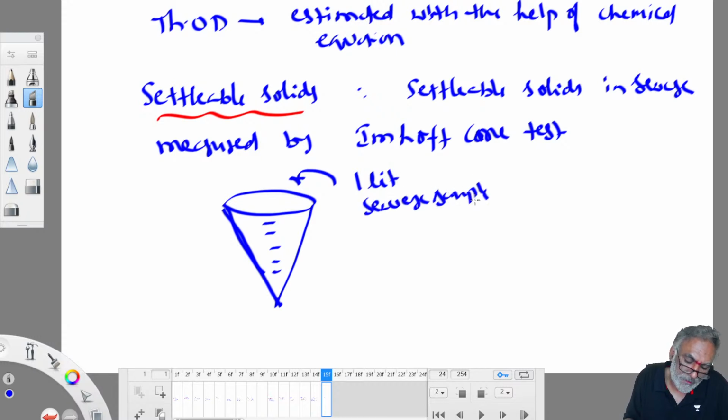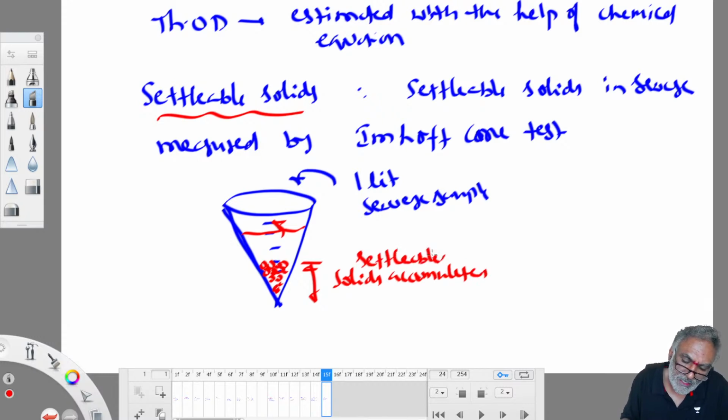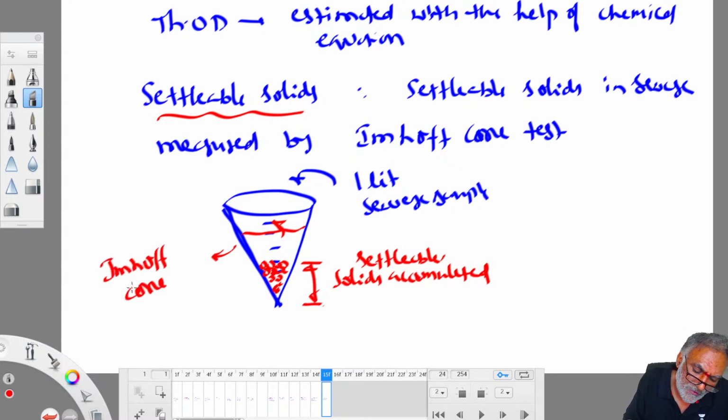Then after half an hour, all the solids present accumulate at the bottom. They are called settleable solids. The settleable solids accumulated at the bottom are this much. That's how we can find out. This is called the Imhoff cone.